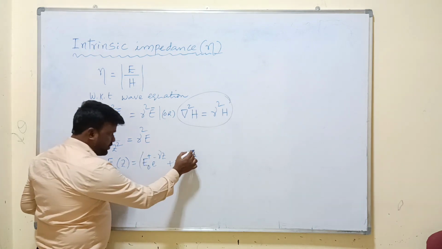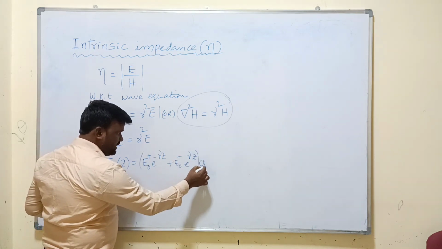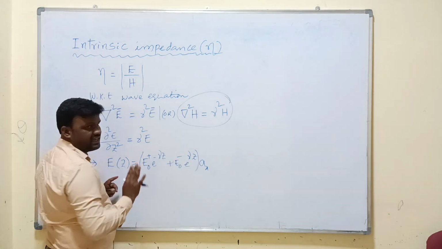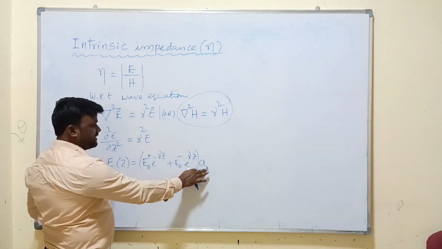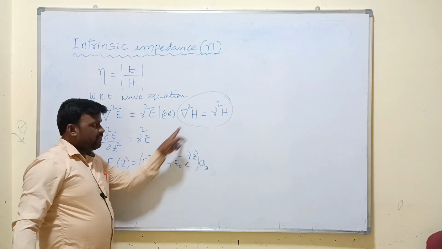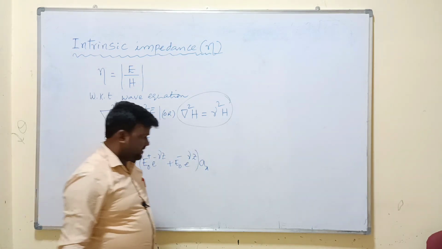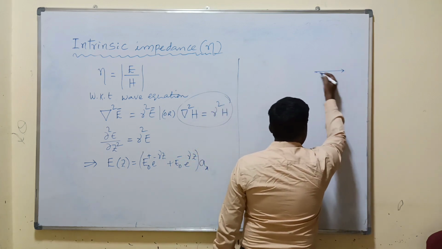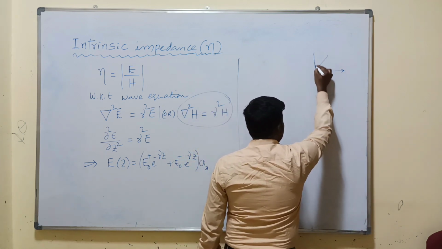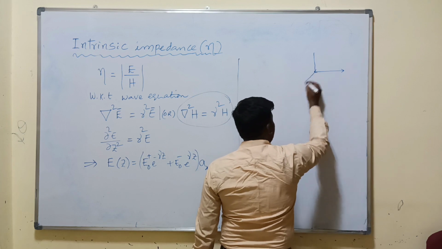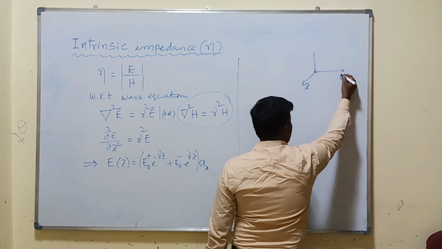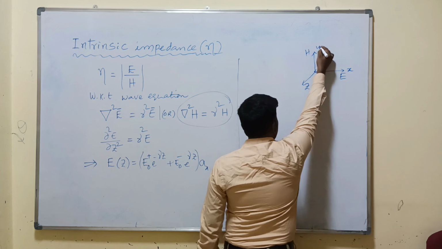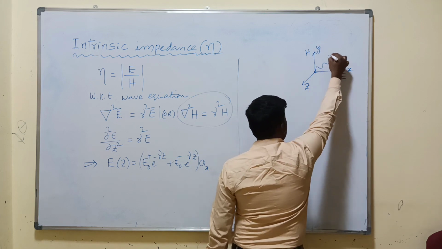So this is the solution of E. If you want to mention the direction, if E is along the X direction, then Ax. If it is along the Y direction, Ay. Let us assume E is along the X direction and the magnetic field is along the Y direction, and the wave is traveling along the Z direction.